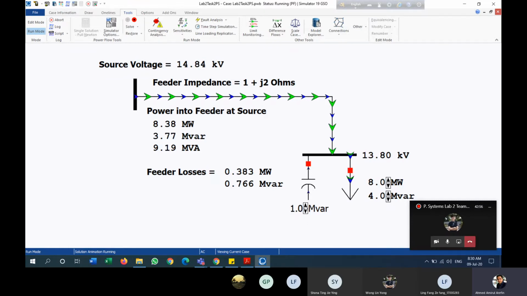Once you are changing it, make it 4. You can also change the load MVA, but I am not changing the load MVA. I am just changing the value of the capacitor here.